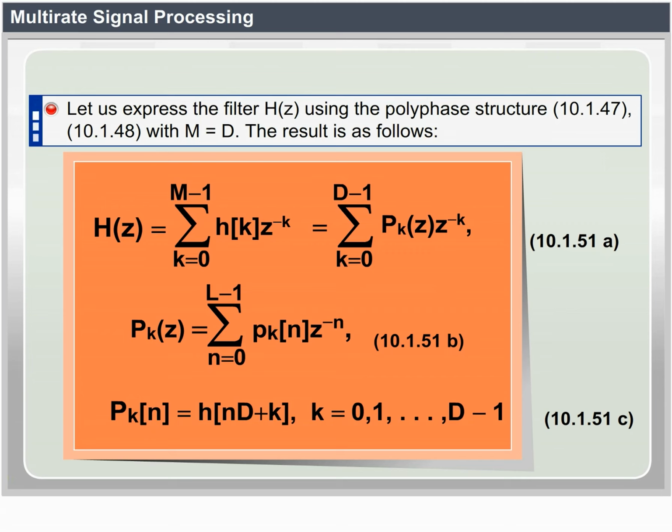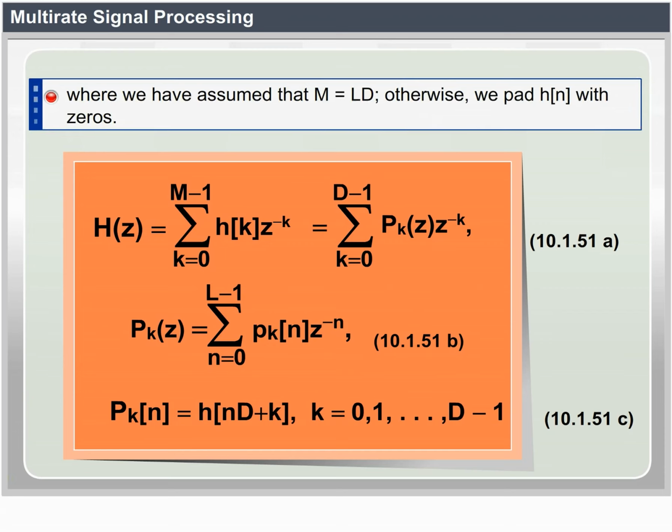P_k(z) equal to summation n equal to 0 to l minus 1 of p_k(n) z^(-n), called equation number 10.1.51b. p_k(n) equal to h(nd plus k), where k equal to 0, 1, up to d minus 1, called equation number 10.1.51c, where we have assumed that m equal to ld, otherwise we pad h(n) with zeros.